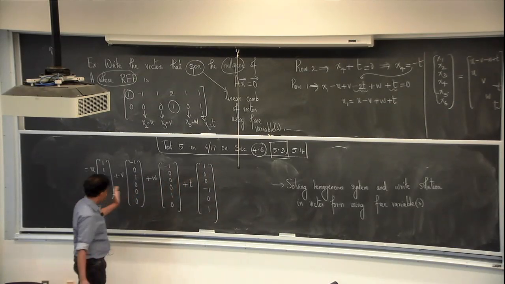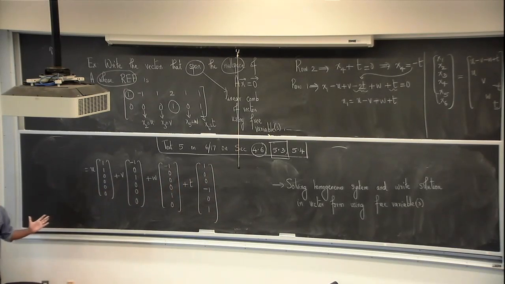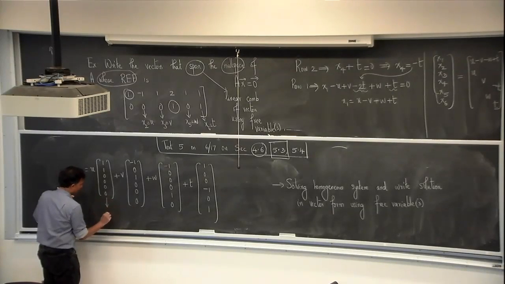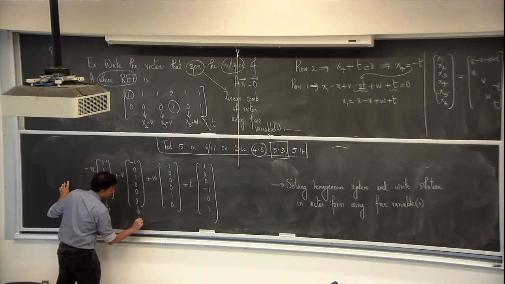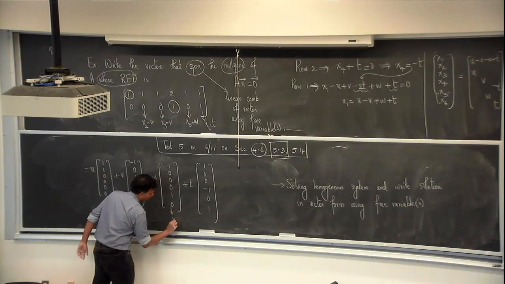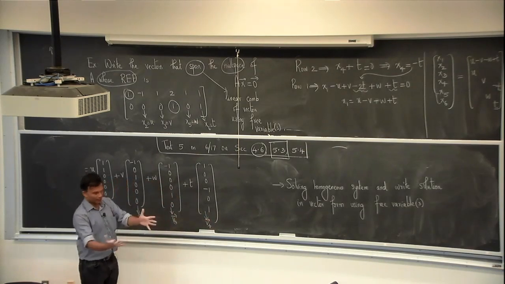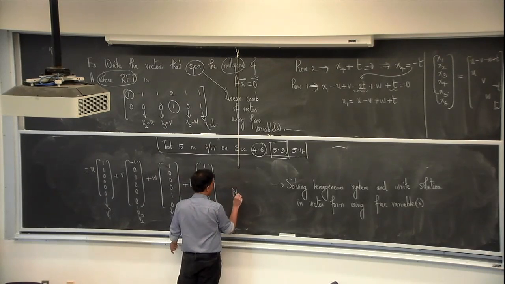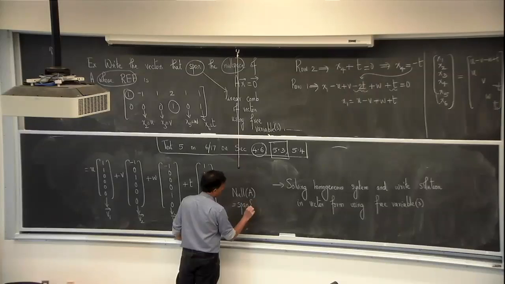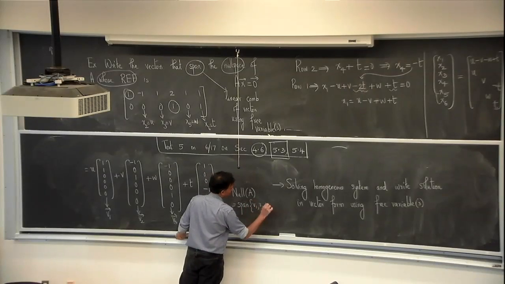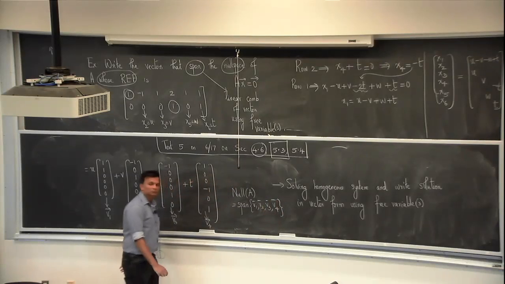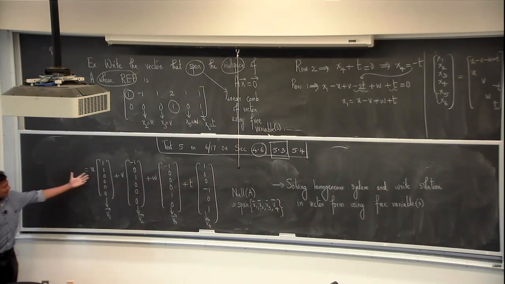So look at the solution. It's a linear combination of these 4 vectors. Another way of saying it is that if you name these v1, v2, v3, and v4, I don't want to repeat the whole vectors, so the null space of A is the span of v1, v2, v3, and v4, because it's a linear combination of those 4.